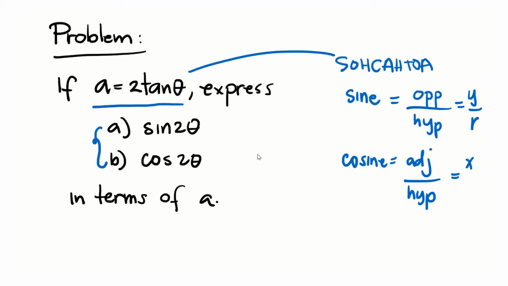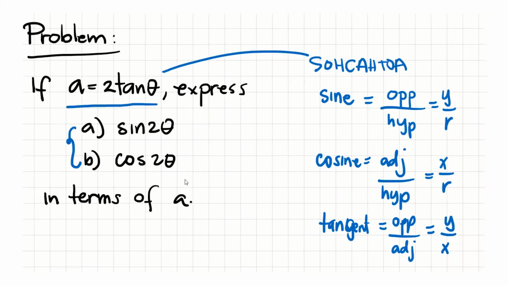This is our x over r. The tangent theta is determined by TOA. O means opposite side and A means adjacent side, and this is the same as y over x.